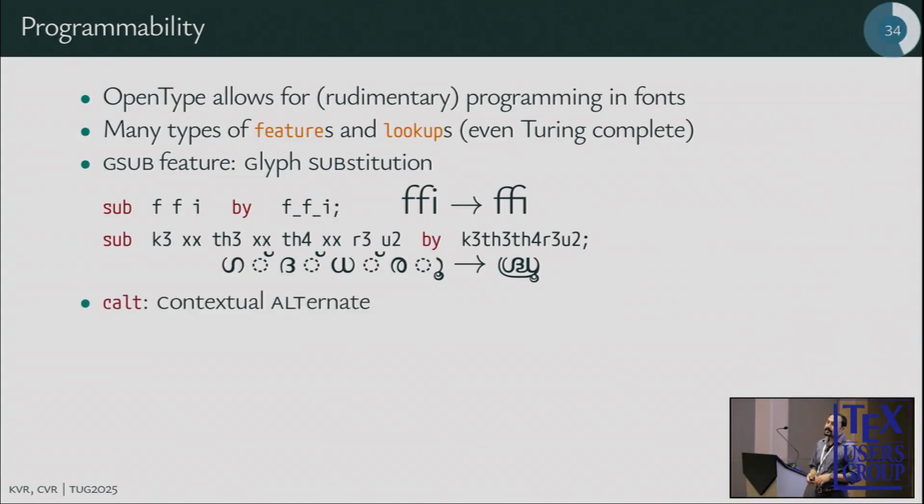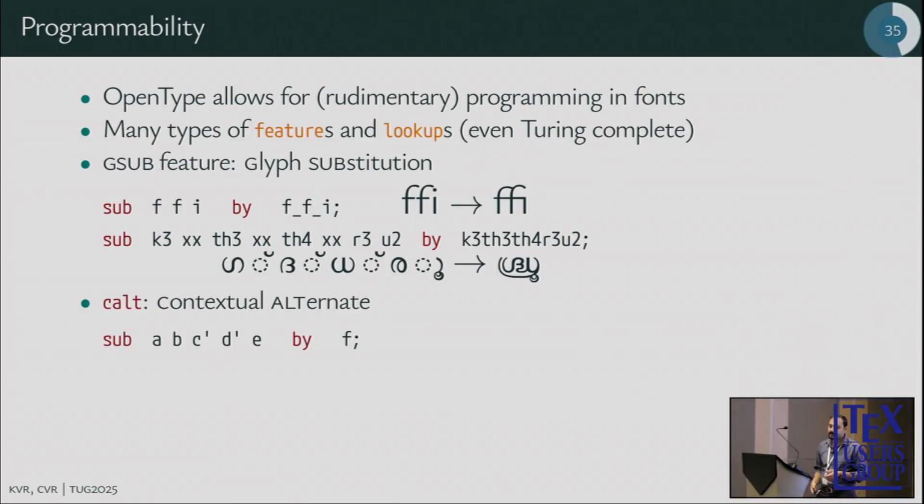Now, this still wouldn't help us with syntax highlighting because it requires certain knowledge of the context. So OpenType has something called contextual alternates, or CALT, where you can replace glyphs only in a particular context. So if it is preceded by certain characters and followed by certain characters, only then you can replace it.